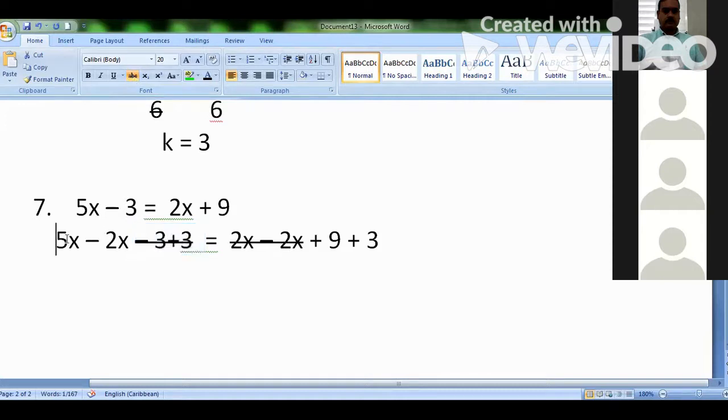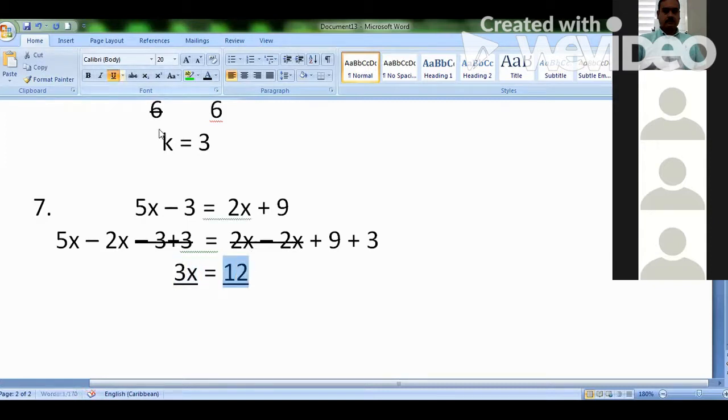So we notice now what we're left with. We're left with this, right? So what is 5x minus 2x? 3x. And what's 9 plus 3? 12. And what do we do? We divide by 3.